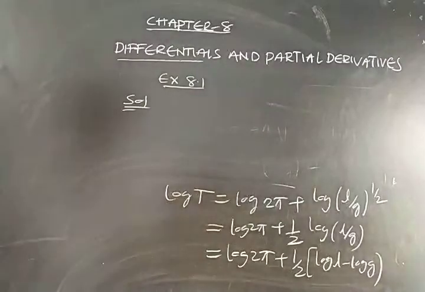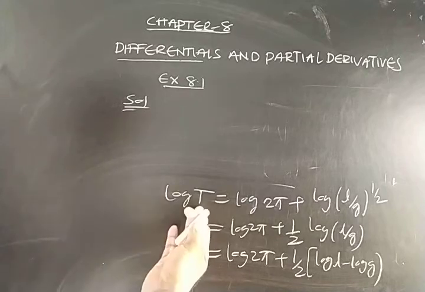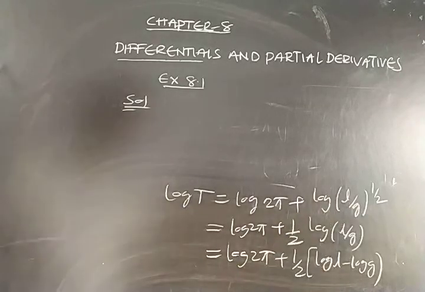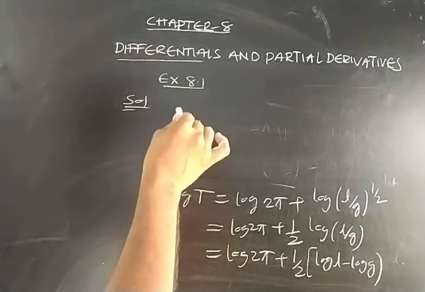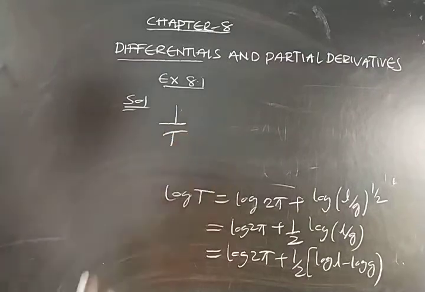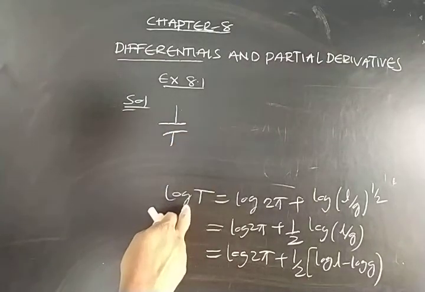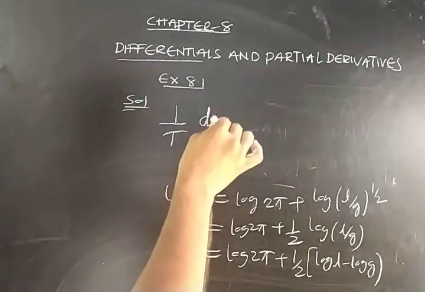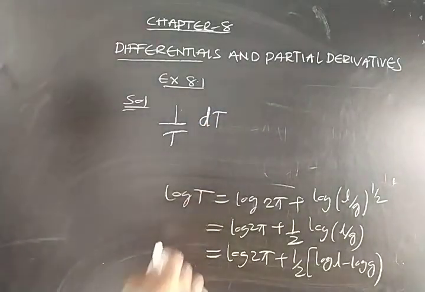Now after this I am differentiating on both sides. On the left hand side, t is the variable, and on the right hand side the independent variable is L, so I differentiate with respect to L on both sides. Log t derivative is 1 by t, times dt by dL.